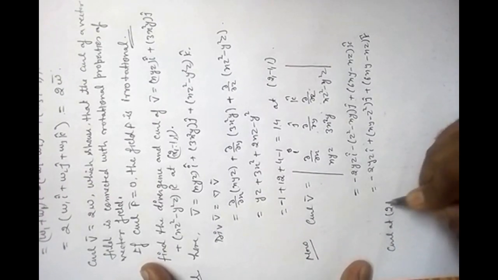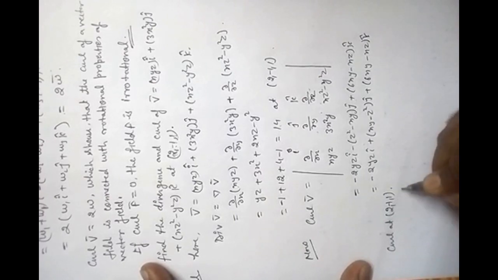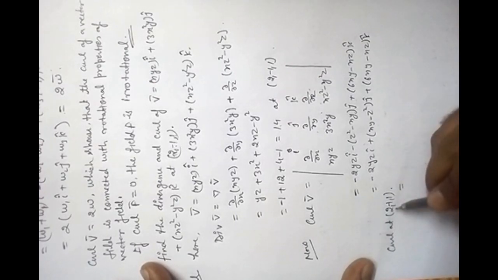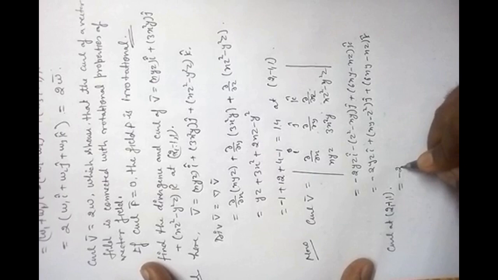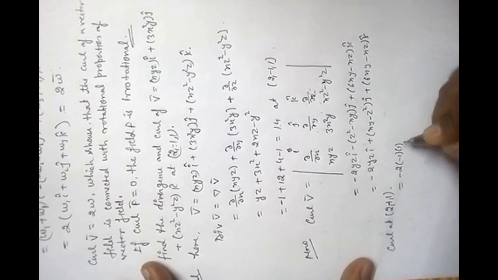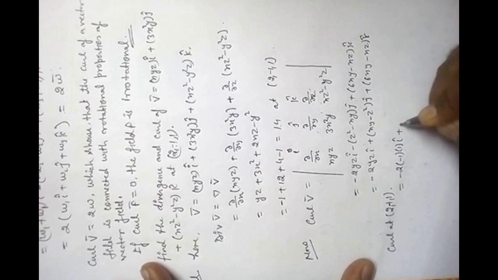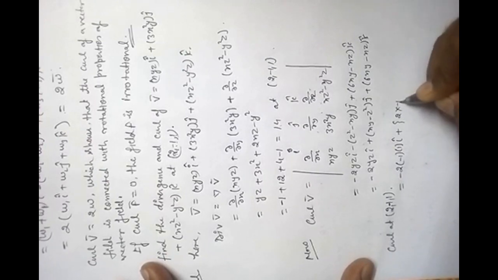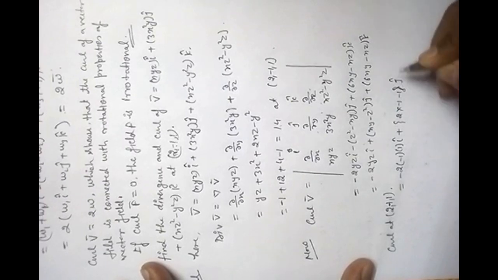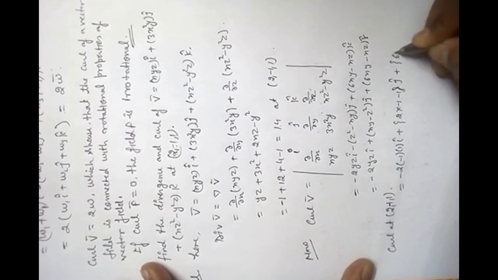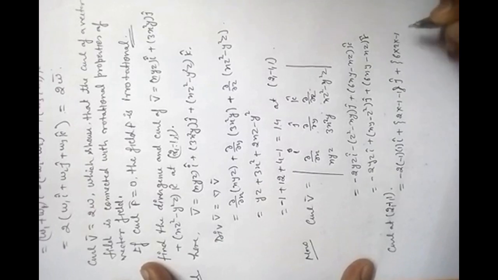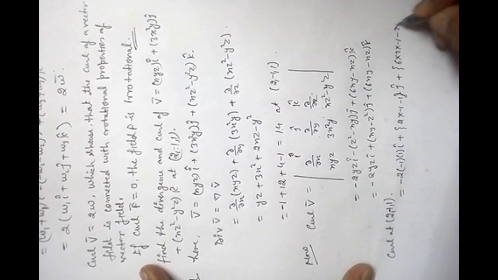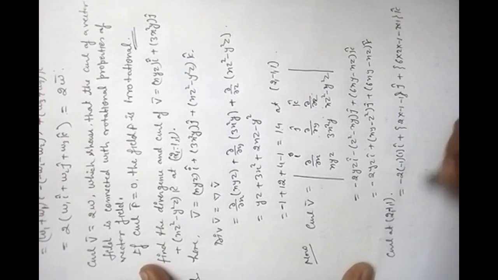at 2 comma minus 1 comma 1, then the value of x put is 2, y put is minus 1 and z is 1. Then we get this one.